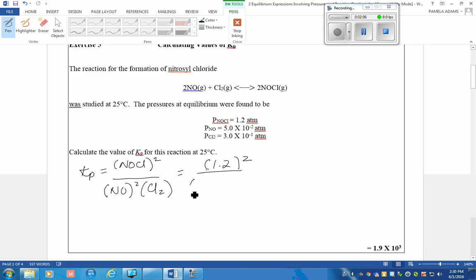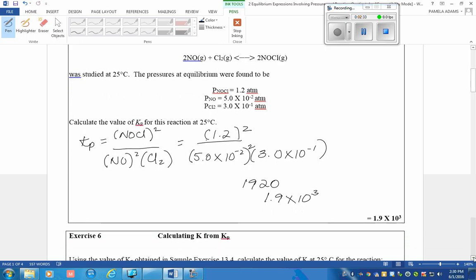Then we do some math, and we come up with a value for the equilibrium constant. That value is 1920 is what I got, and using the number of significant figures in the problem, 2, that would be 1.9 times 10 to the third.